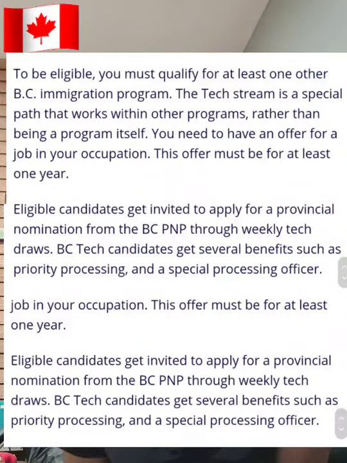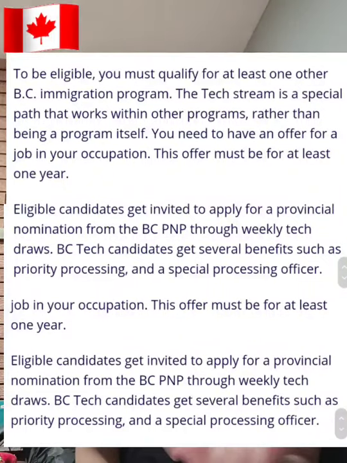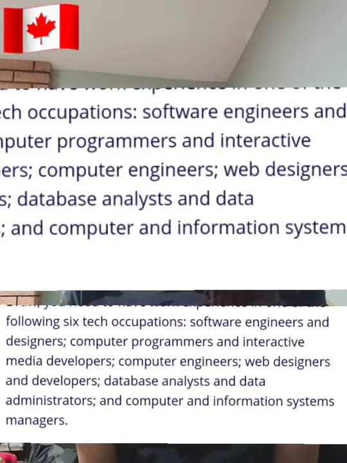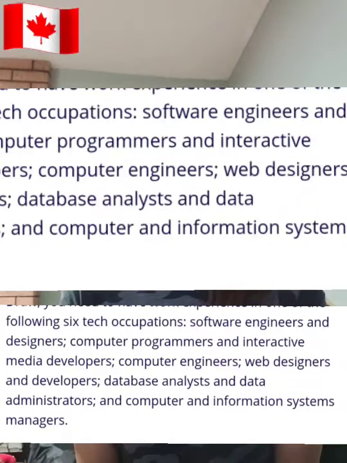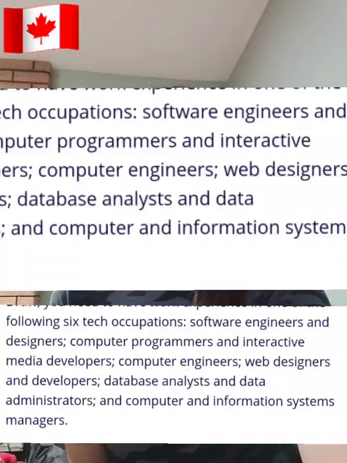It is a special path that workers can come through. Rather than being a program itself, it is just a path that is presented, and you need to have a job offer in your occupation, and the offer has to be valid for at least 1 year and must be from an eligible employer.